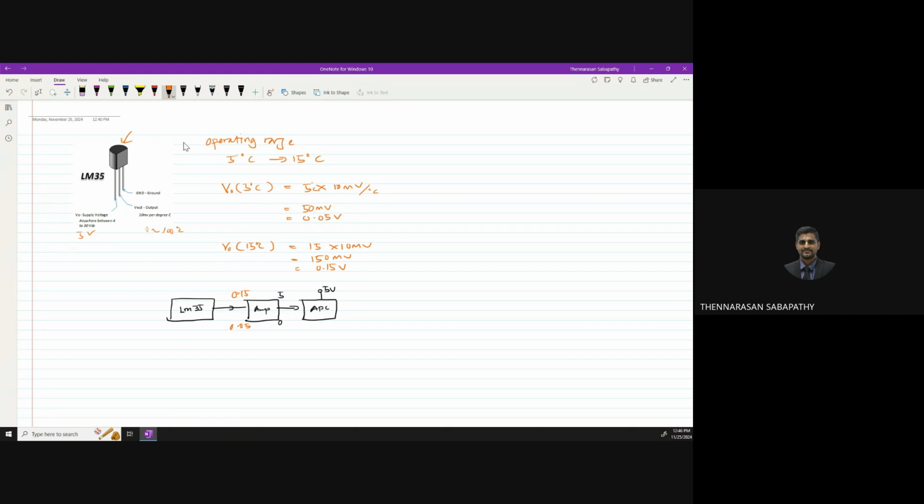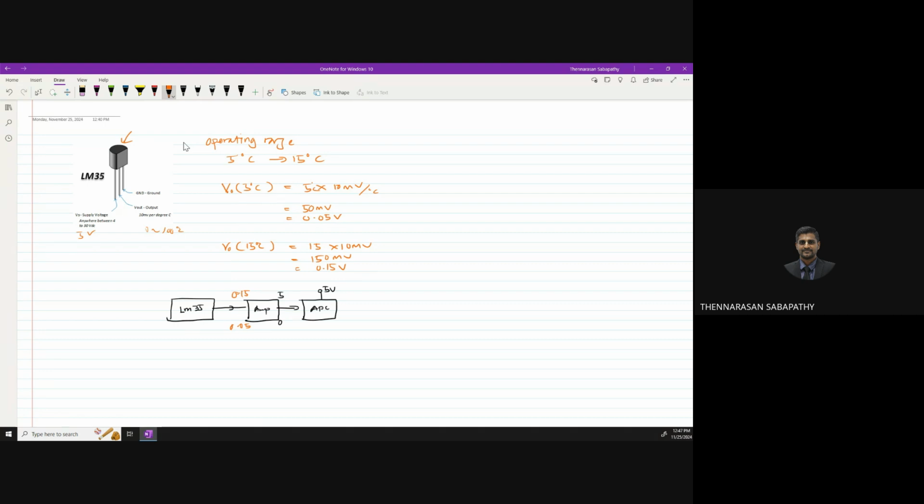Any question on this part? Whoever got the LM35 as their sensor for their mini project, you should be grateful, and you should design the circuit properly.